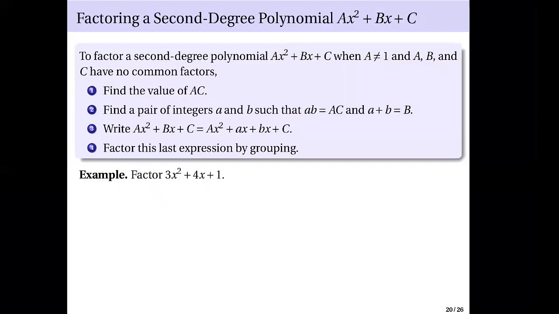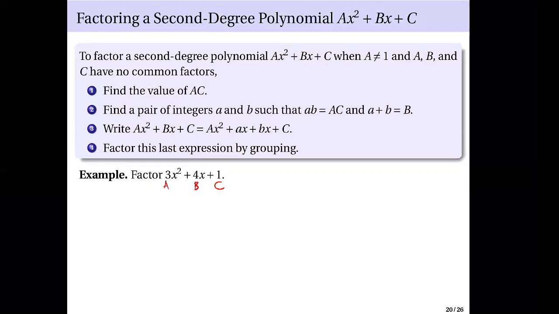So 3x squared plus 4x plus 1. Our capital A is 3, capital B is 4, and capital C is 1.